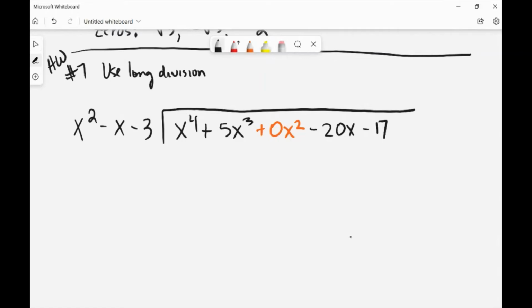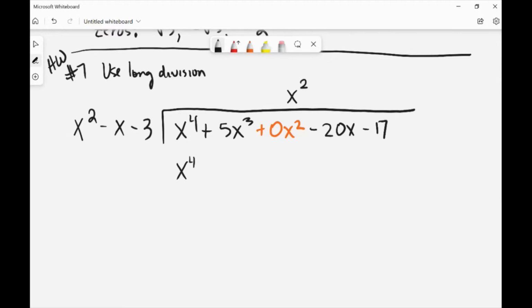All right. So x squared times x squared. That's what we said. So we'll put it here. Now we need to multiply x squared times this. What do we get? X to the 4th. What else?